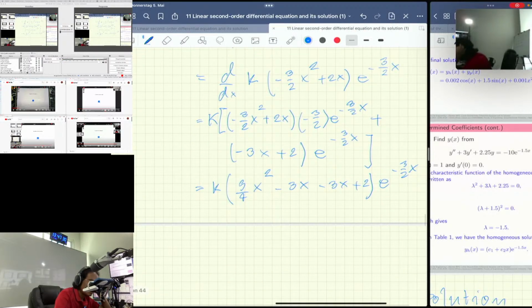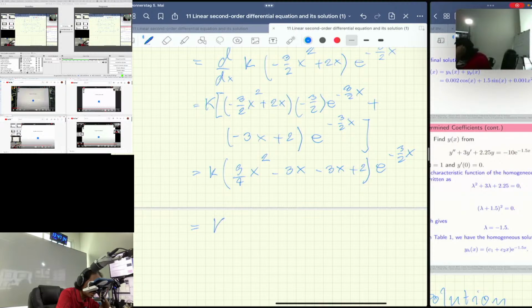Next thing is that you need to combine: k, 9 by 4 x squared minus 6x plus 2, in exponential negative 3 by 2x.